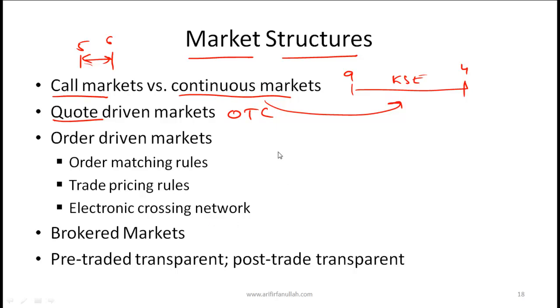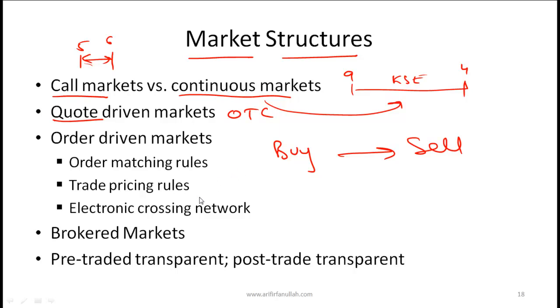And here, based on certain rules, buy orders are being matched with sell orders. So a very simplistic rule might be that a person who's willing to buy at the highest price and the person who is willing to sell at the lowest price, their orders will be matched. So that's an example of a simple matching rule.